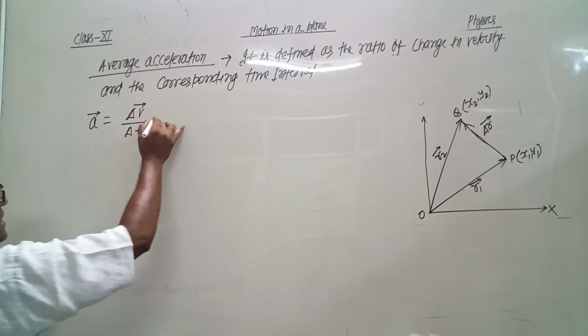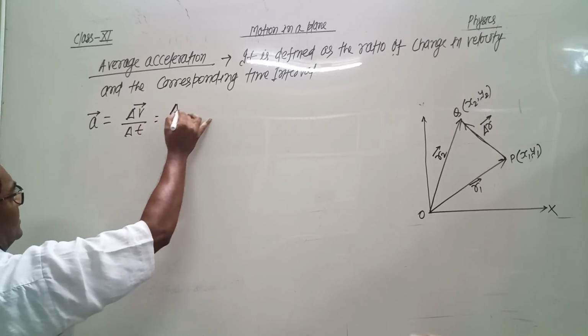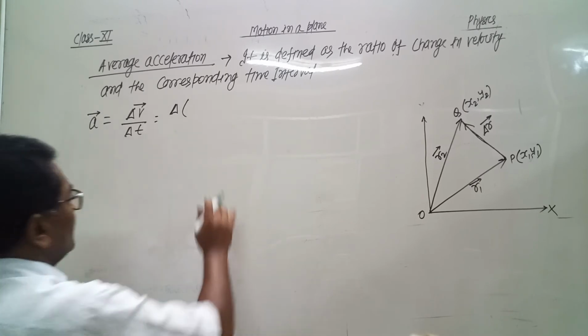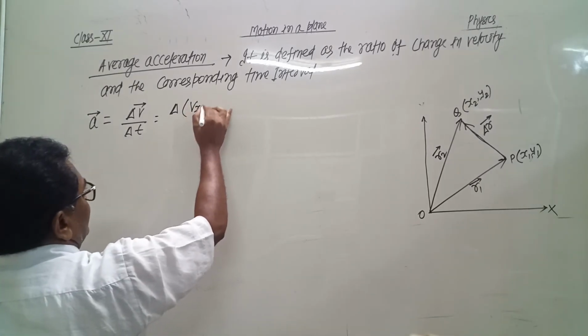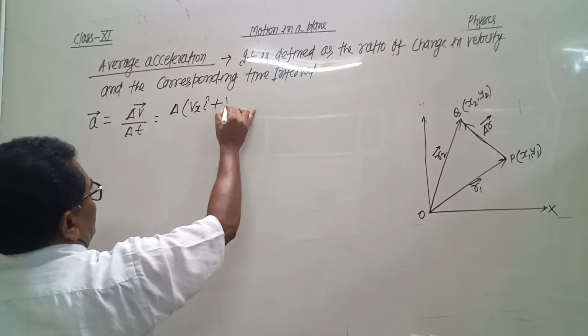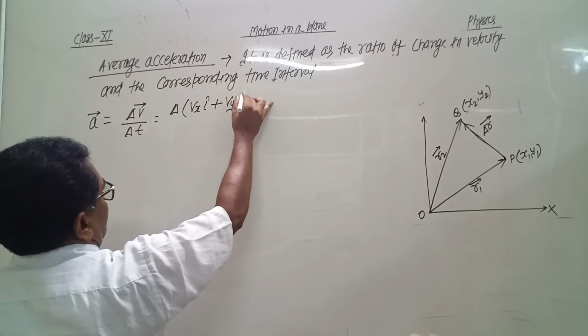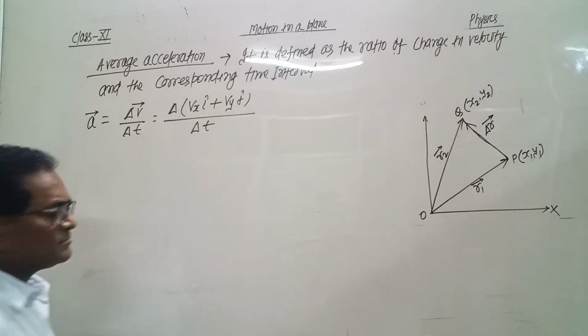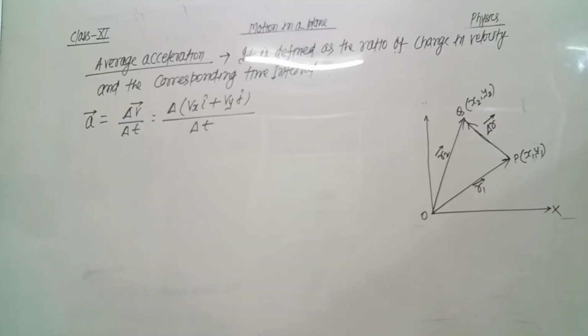Delta taken outside, the vector V is written as Vx i cap plus Vy j cap upon delta t.